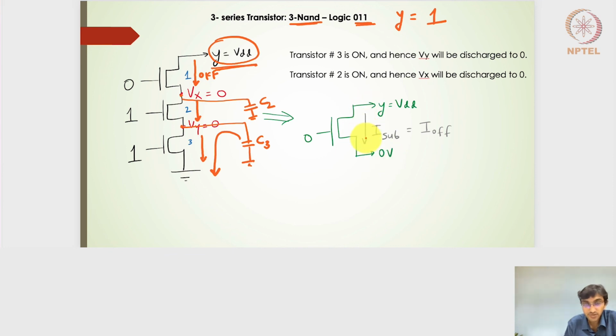So my I subthreshold leakage current is nothing but I off. So this will be the subthreshold leakage current, which is going through all the three transistors, right? And the subthreshold leakage current for transistor 2 and transistor 3 helps in complete discharge of the diffusion capacitances C2 and C3. Hope this is clear.